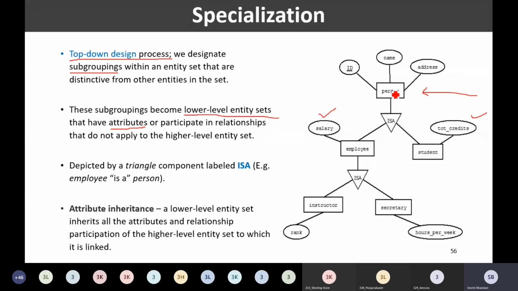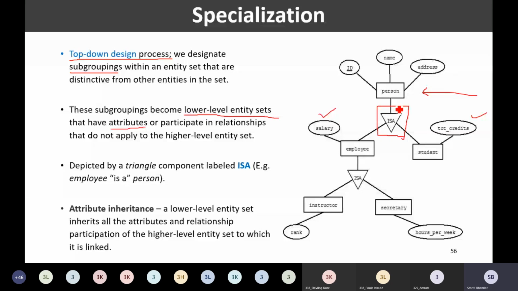Now, the relationship between the higher level entity set and the lower level entity set is depicted by making use of a triangular component, and this component is labeled as ISA. So we may say that this is an ISA relationship.